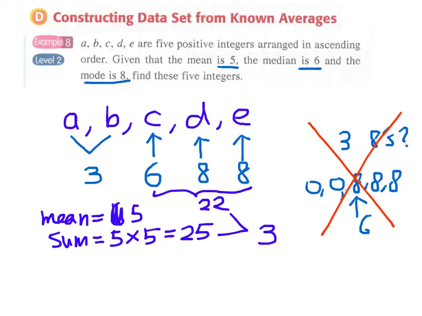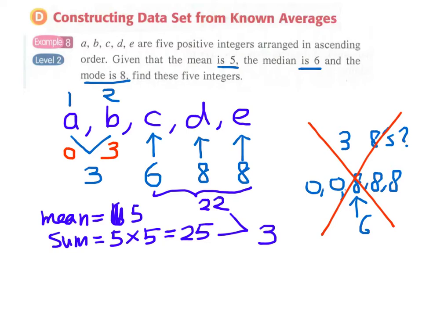So A can be 1 and B can be 2. But again, you may ask, why not have 0 and 3? A is 0 and B is 3.